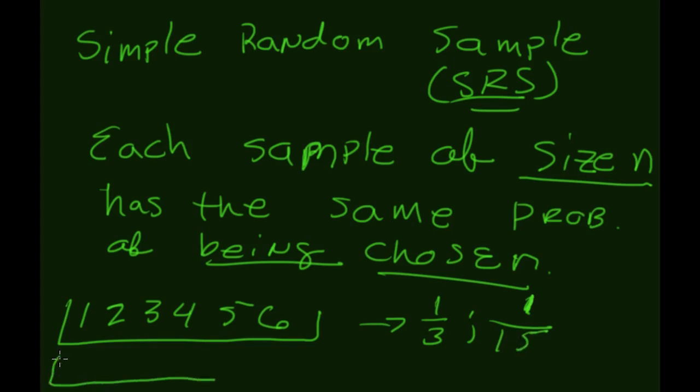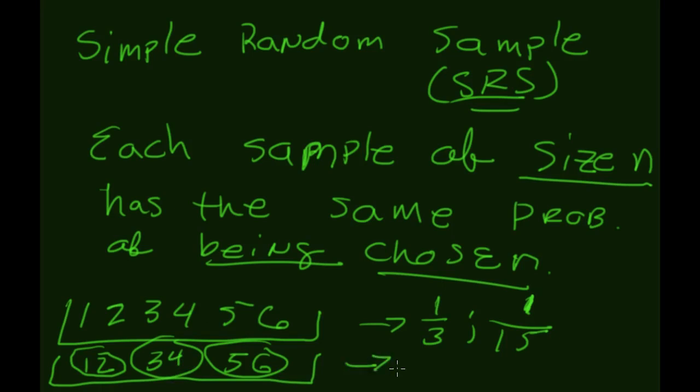Now, if I had done the game where I put on slips of paper 1 and 2, 3 and 4, 5 and 6, and then chose out one slip, each individual has a 1 in 3 chance of being chosen. Now, the pair 1 and 2 has a 1 in 3 chance of being chosen.